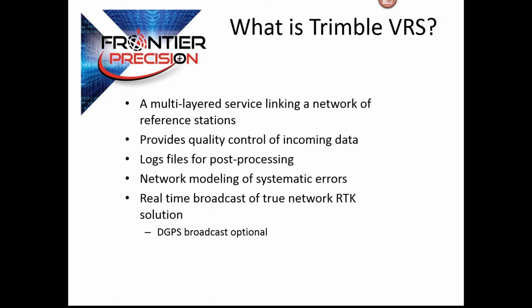They network-model for systematic errors. They're able to alert the VRS operators of conditions of the net, and they broadcast real-time RTK solutions, and most of them are also capable of broadcasting DGPS for mapping and GIS purposes.